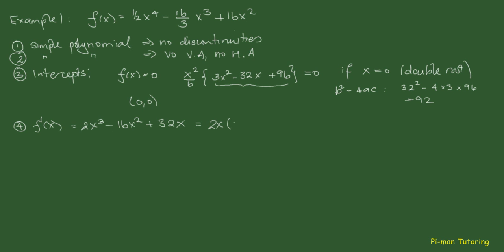And that leaves us with x squared minus 8x plus 16 in the bracket, and that looks like it will factor. Product is 16, sum is 8, so that looks like 4s to me. So 2x into x minus 4 squared.